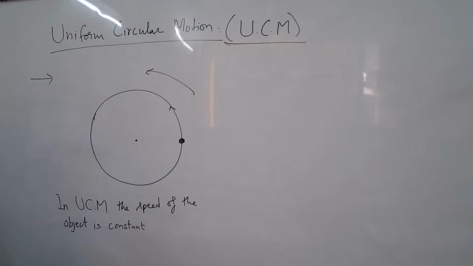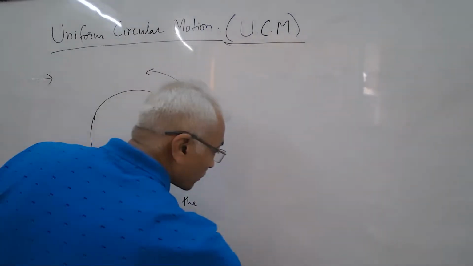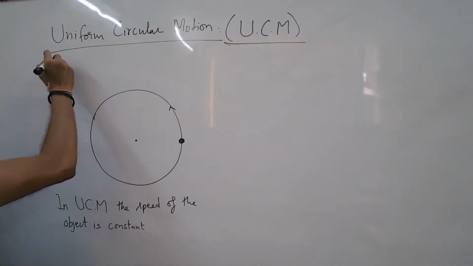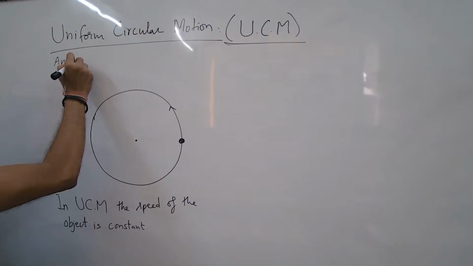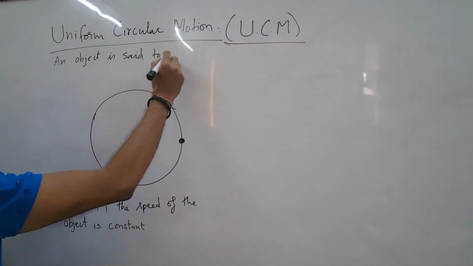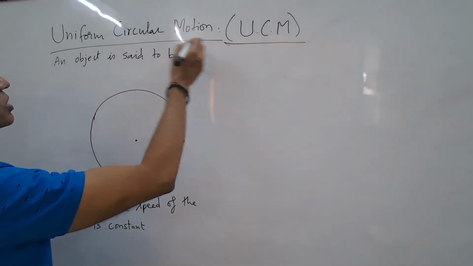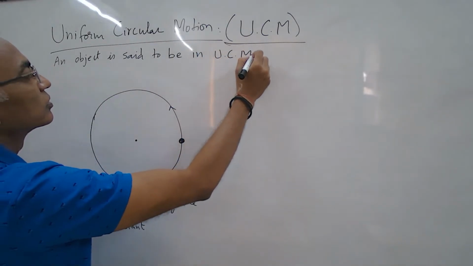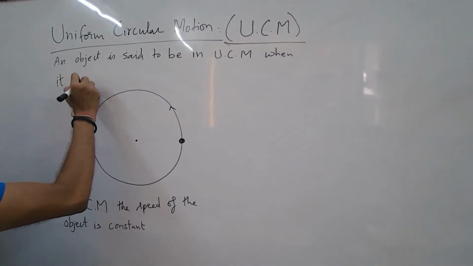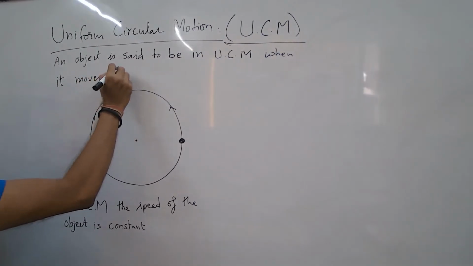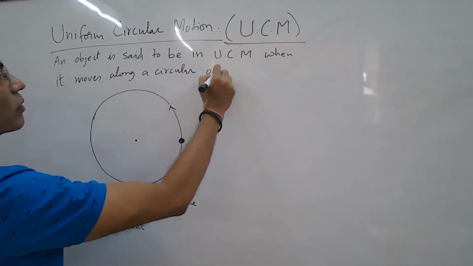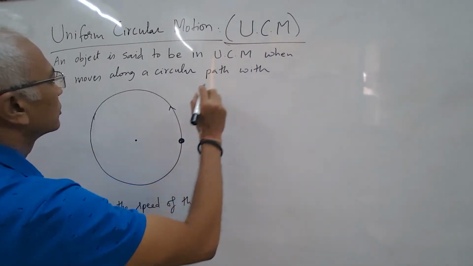How do we describe UCM? An object is said to be in UCM, meaning uniform circular motion, when it moves along a circular path with constant speed.